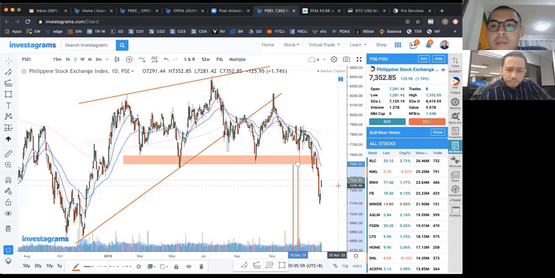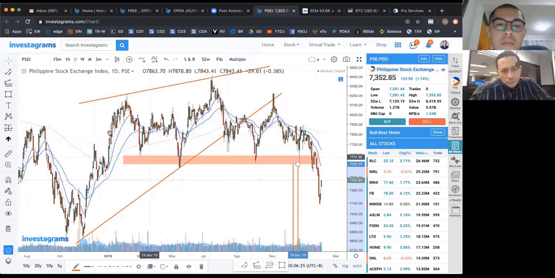You can approach it as a breakdown of this area pattern support, which a lot of people have identified as a potential head and shoulders. So going back, this is a breakdown from a head and shoulders. You see here the left shoulder, the head, and the right shoulder.